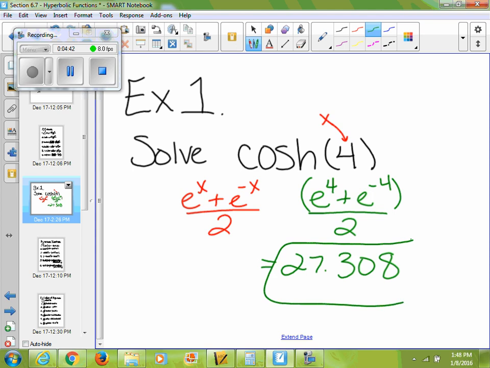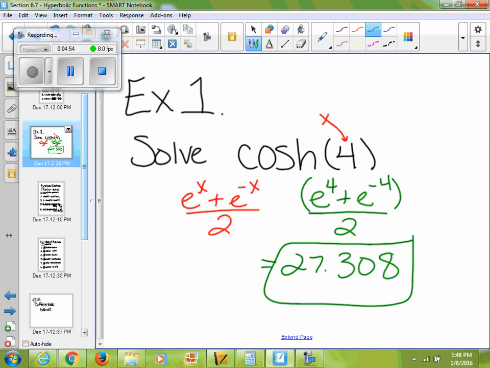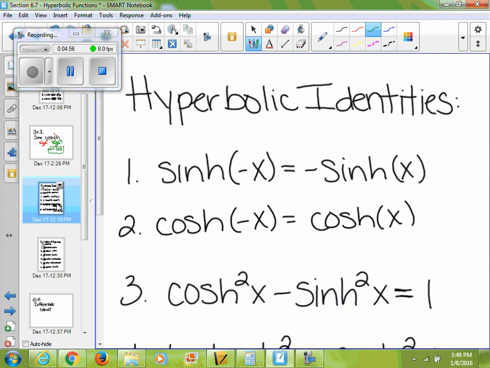Perfect. So 27.308. Okay, so evaluating them is pretty simple. The second part of what we're doing is we're looking at the actual identities for them.